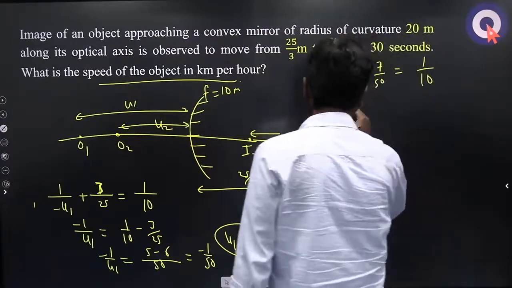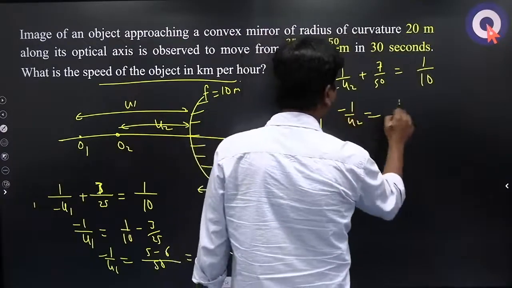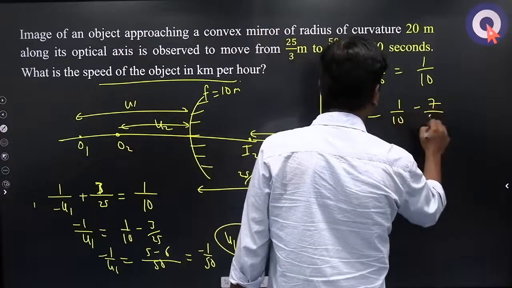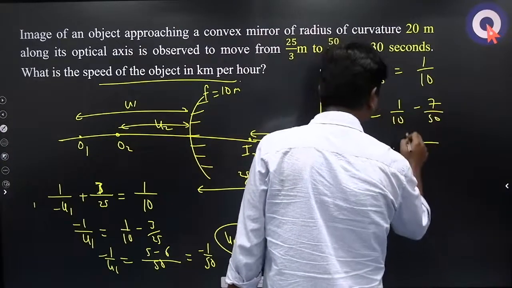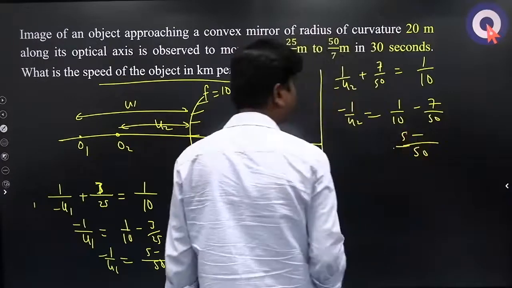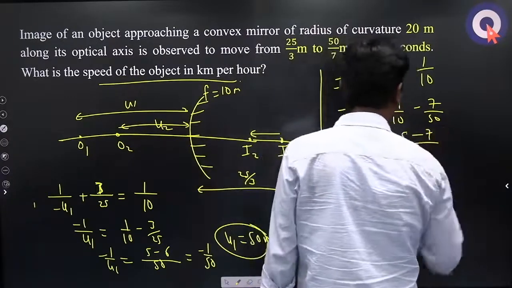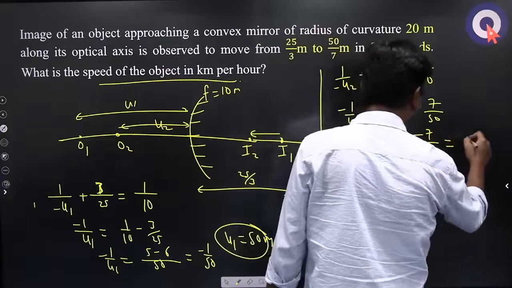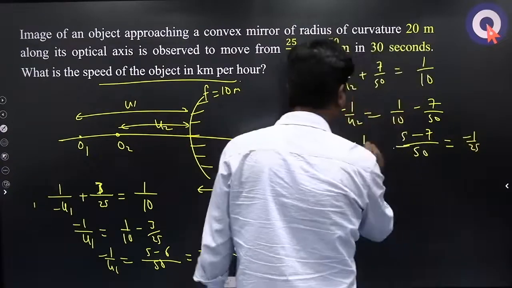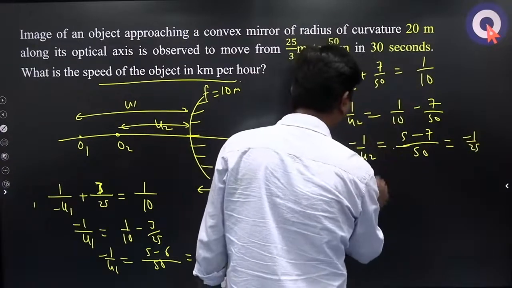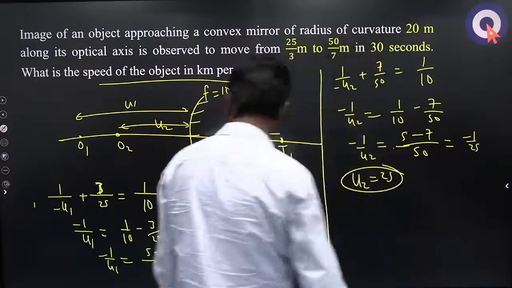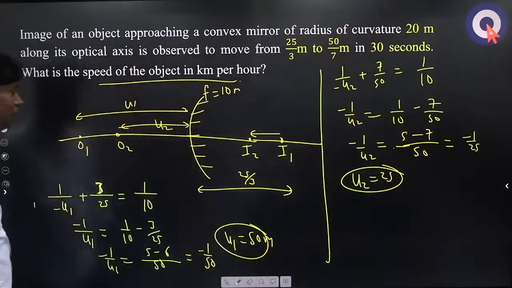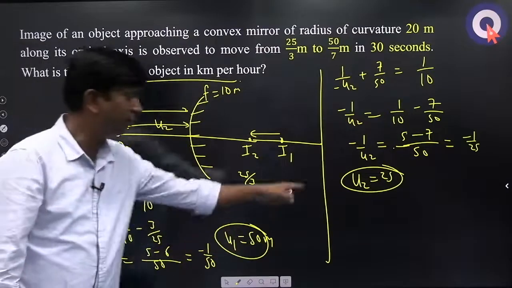So minus 1/u2 is equal to 1/10 minus 7/50, which is 5 minus 7 over 50, so minus 2/50, that is minus 1/25. So u2 is 25. That means our object is moving from 50, earlier, to 25 now.